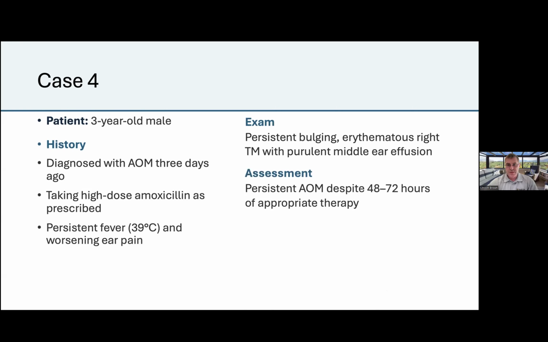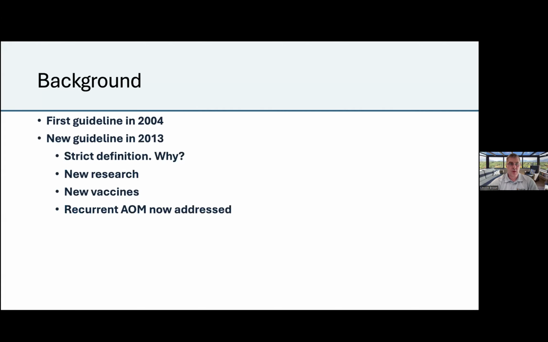So persistent acute otitis media, 48 to 72 hours with appropriate therapy, now falls into the category of treatment failure. We'll touch on that one as we get into the guidelines. So the first guideline came out in 2004.